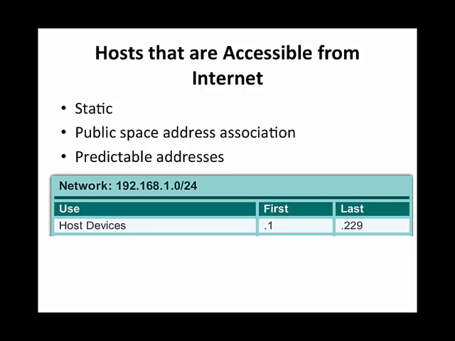So for this communication to be successful, the gateway has to resolve the configuration. And if this configuration is not done with static and predictable addresses, this can really be a hassle. So for this specific thing, this has to be static and predictable on every host that is accessible from the internet.